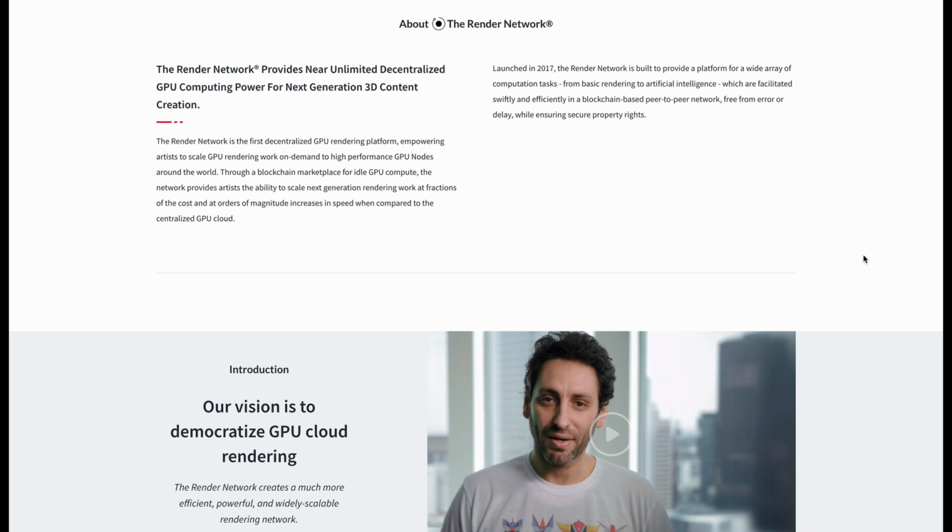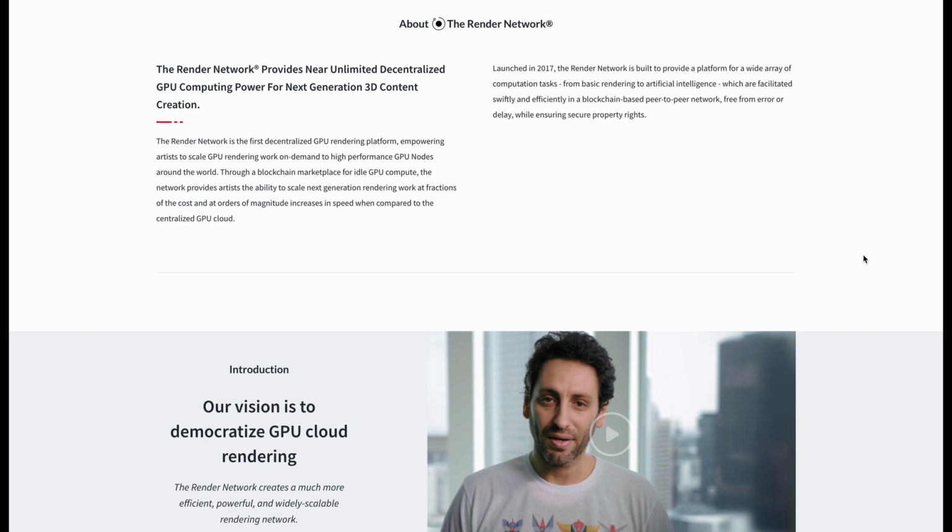GPUs are commonly used in graphics cards for gaming, video editing, 3D rendering, and other graphically intensive tasks. They are optimized for parallel processing, making them highly effective at performing multiple calculations simultaneously, which is essential for tasks such as rendering complex graphics and simulations.